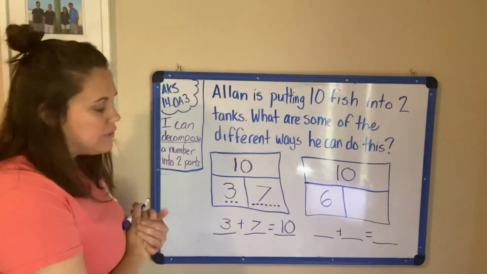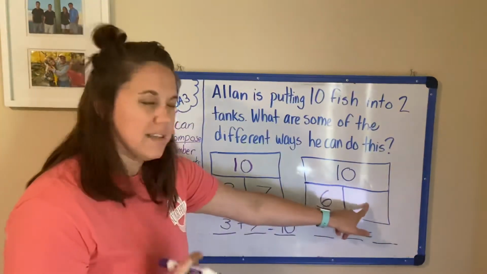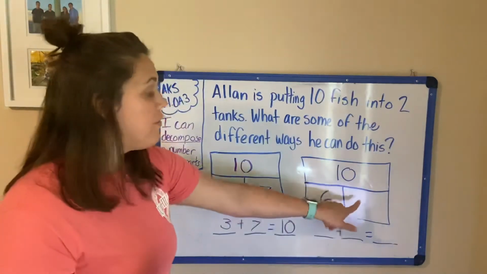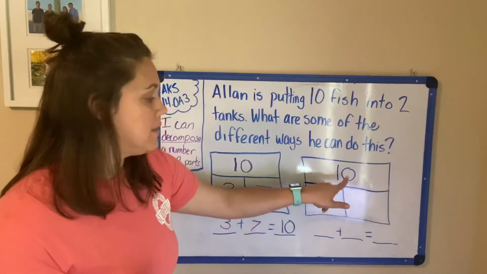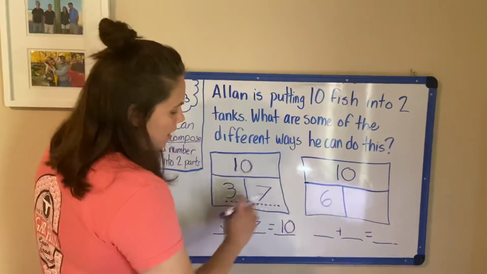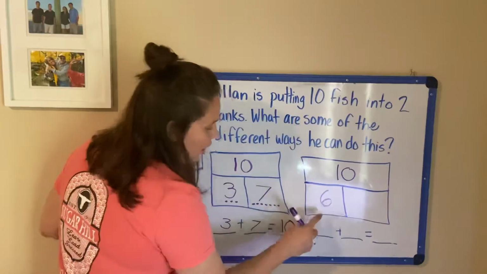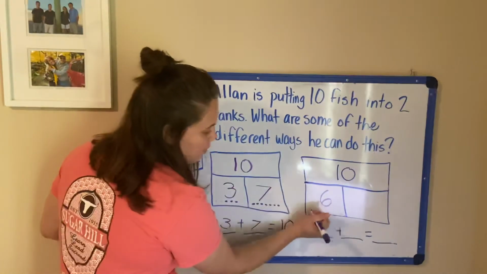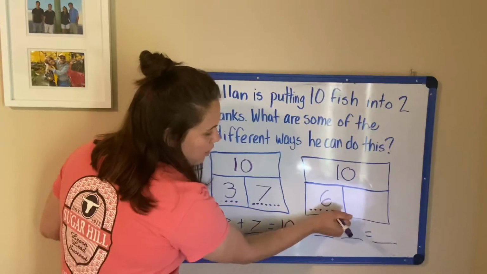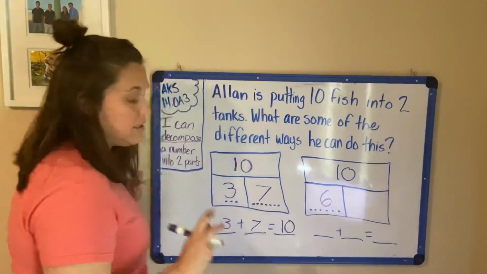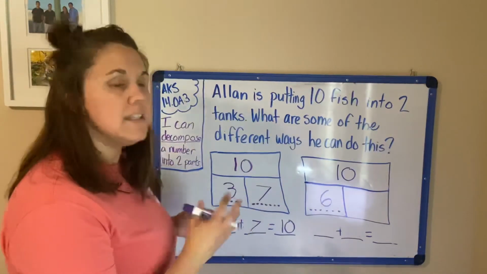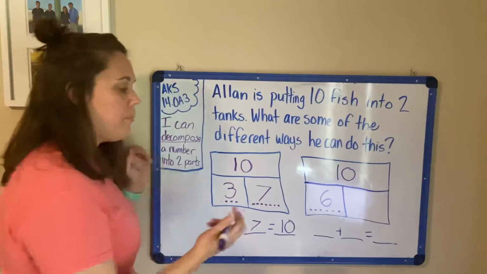Okay, so now I have to figure out the second box. That's where it gets a little bit tricky because you can't just choose any number. You have to find the number that makes your whole, and our whole is 10. So I'm going to do the same thing over here in this box that I did over here. 1, 2, 3, 4, 5, 6, just to help me see it. Remember, you don't have to use the dots once you get good at this. It's just to help you learn how.